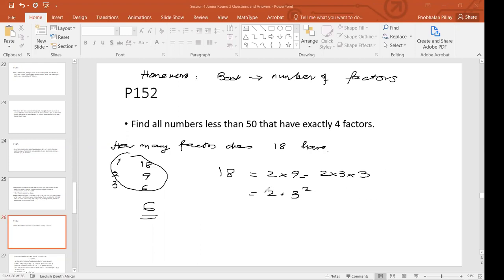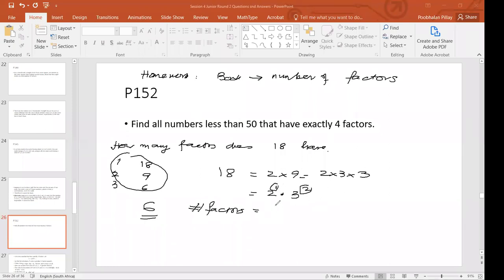When you write it like this, there's a very nice formula for the number of factors.